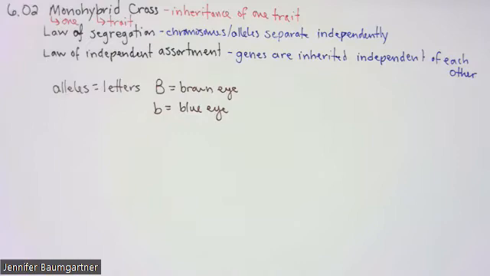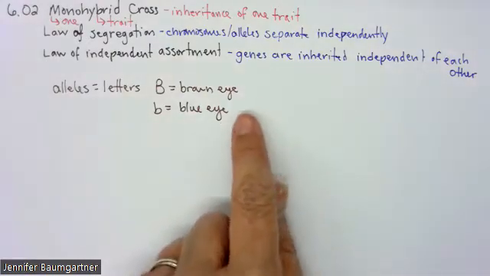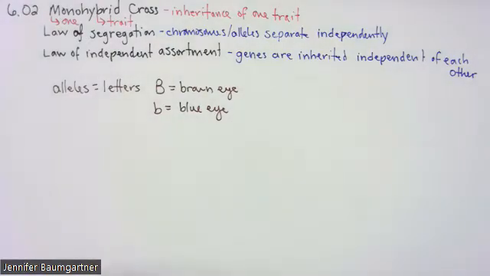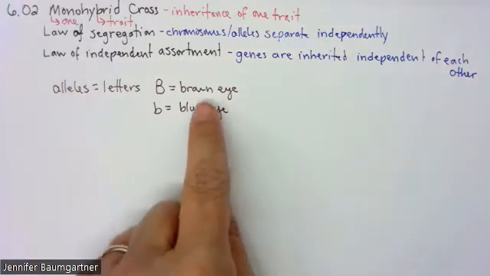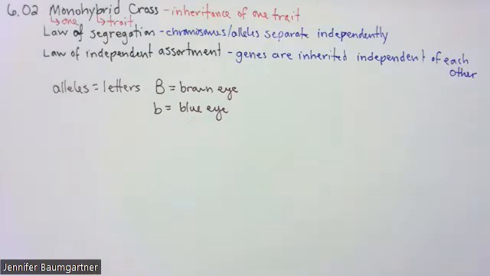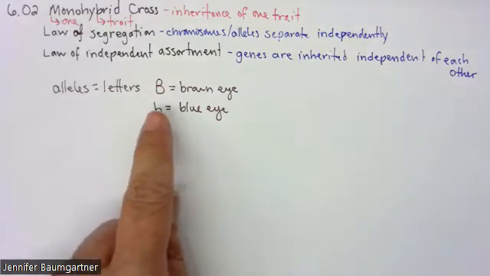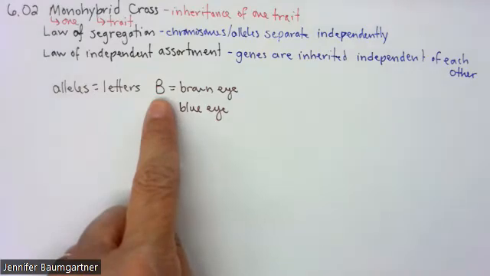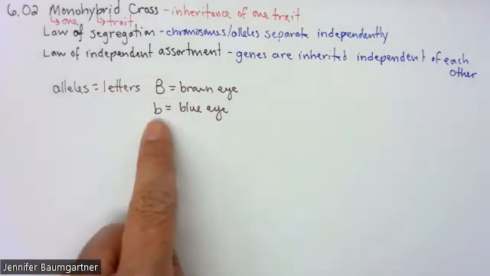And remember, when we say allele, we're talking about a gene. We're talking about a section of a chromosome that has the code to build a protein that's going to make eyes either brown or blue. So that was a whole lot of terminology there, but that's review from the last video. Again, a gene is a section of a chromosome that codes for a protein. And dad has one allele for brown eyes, and we're going to say he is homozygous, or I'm sorry, he's heterozygous.